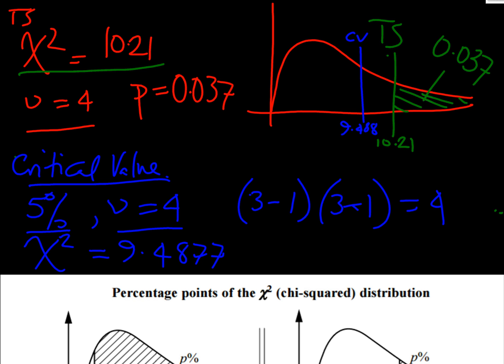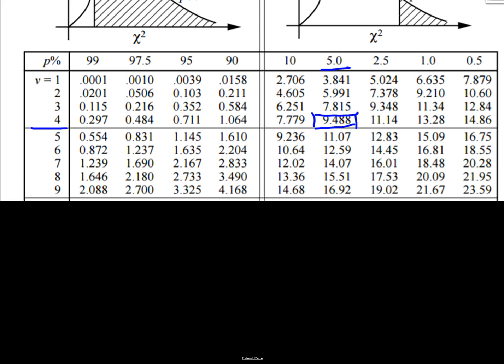So from this again, I can see that my test statistic is in my critical region because it's greater than my critical value. So what am I going to write at the bottom? I'm going to write that my test statistic, which was 10.21, is greater than my critical value, which was 9.488.